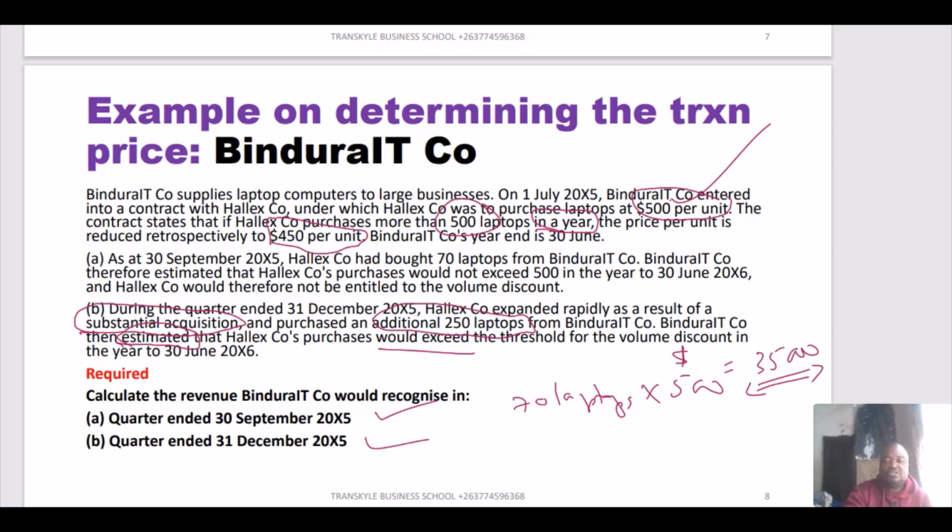This time they bought 250 laptops, multiplied now by 450. Let me use my calculator. That's 250 multiplied by 450, which is 112,500.